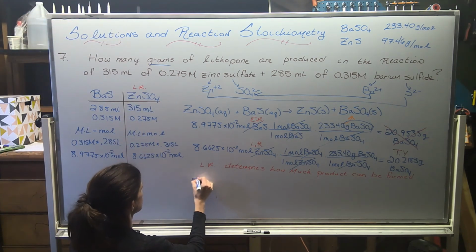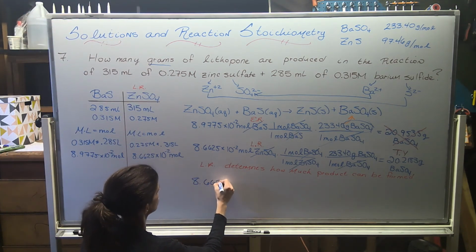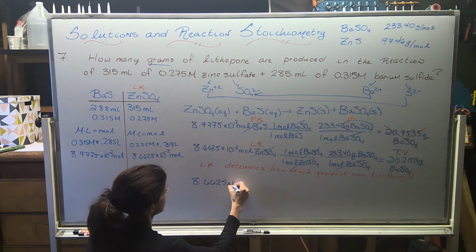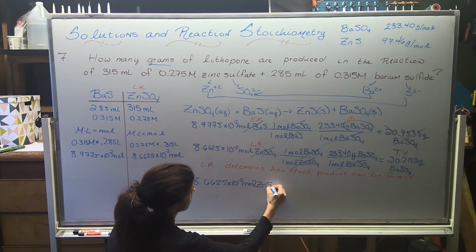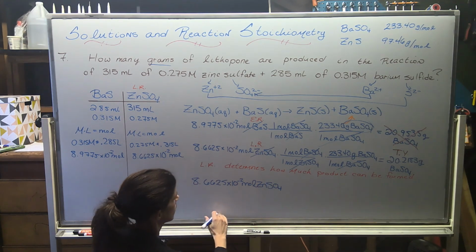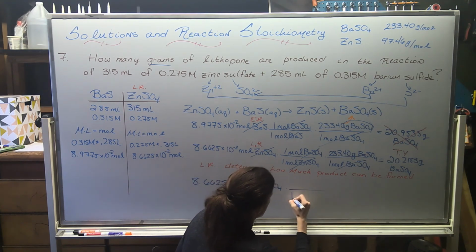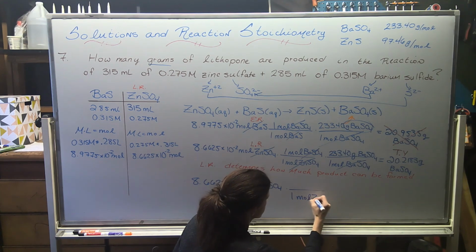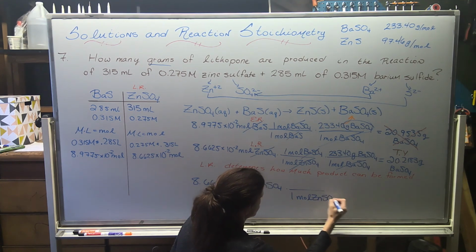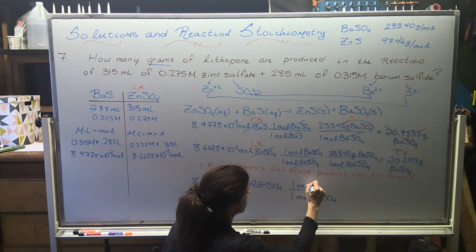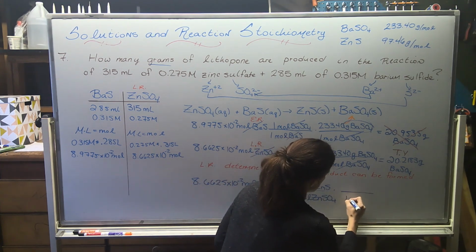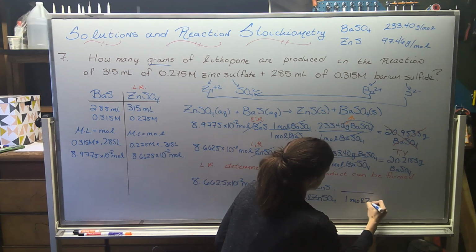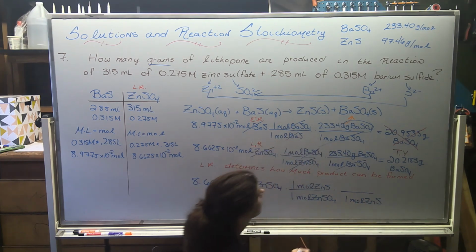So I'll do 8.6625 times 10 to the negative 2 moles of zinc sulfate. And then 1 mole of zinc sulfate will result in 1 mole of zinc sulfide. And then because they asked us about grams, I'm going to tack on the molar mass.